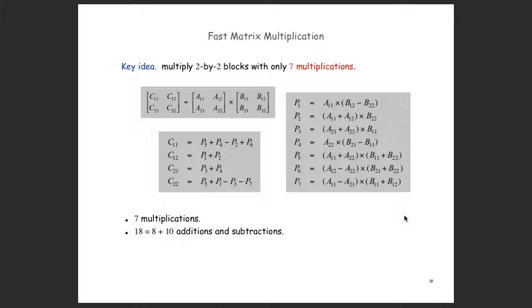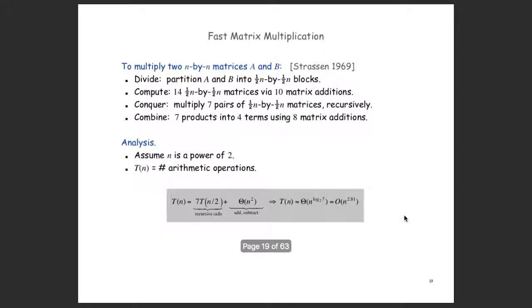However, we can cheat and get 7 multiplications instead of 8, by doing all sorts of horrible math. And by doing that, I get order of n to the 2.81, order of log base 2 of 7, rather than n cubed. So it's n to the 2.8.